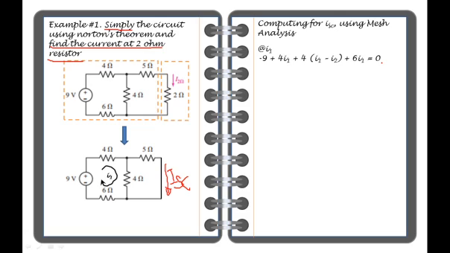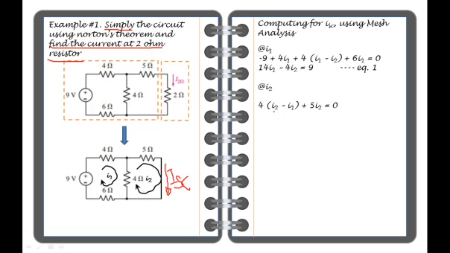Simplifying the equation would lead us to 14I1 minus 4I2 is equal to 9. We're going to call it equation number 1. The next thing is we're going to get the loop I2, which is the current that flows through the two resistors, namely the 4 ohm resistor and the 5 ohm resistor.